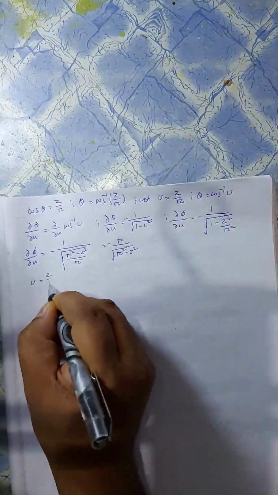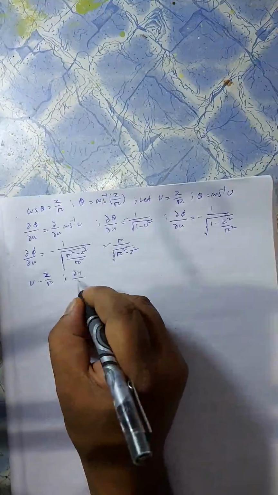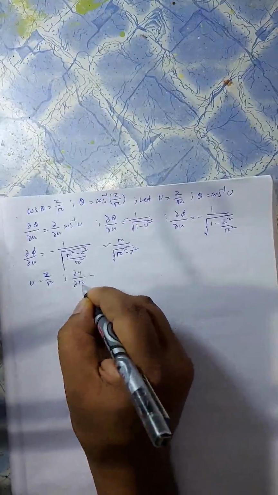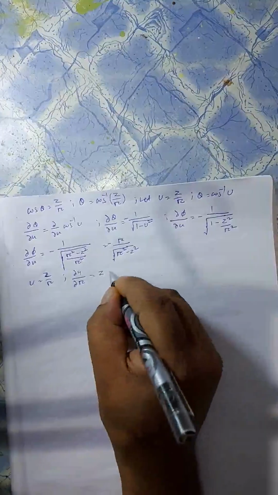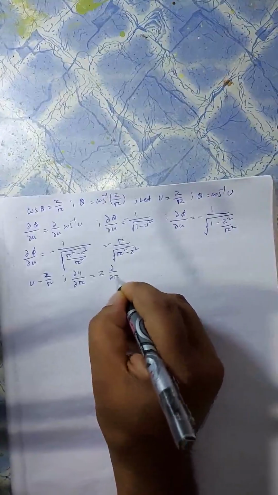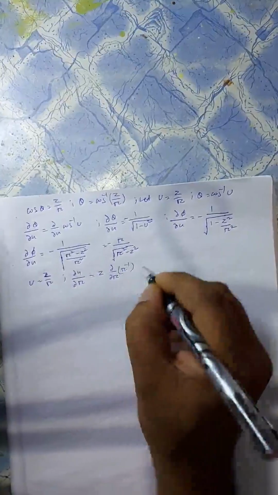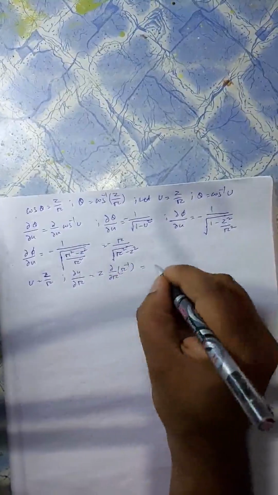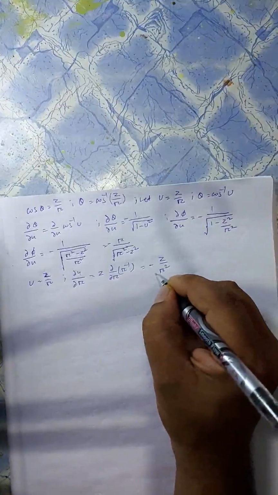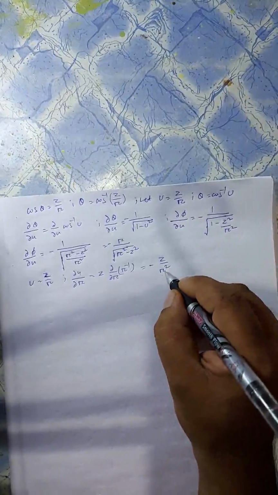U is equal to z by r, so ∂u/∂r: r is the variable, z is constant, so it comes outside. ∂/∂r of 1 by r, that is r inverse, which gives minus z by r square.